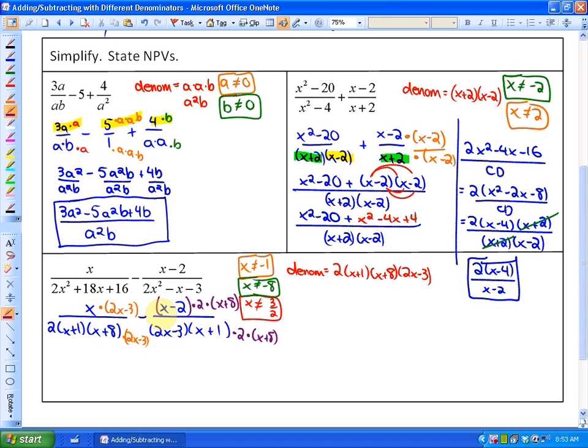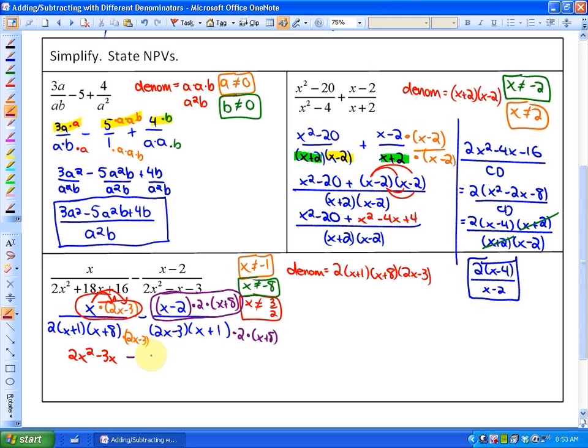We'll have to be careful about how we multiply that. Okay, so the next step is to start simplifying. Our first numerator, if I first expand it, I would get 2x squared minus 3x. And our second numerator is going to be minus, and we're going to have to take the opposite of this entire numerator.